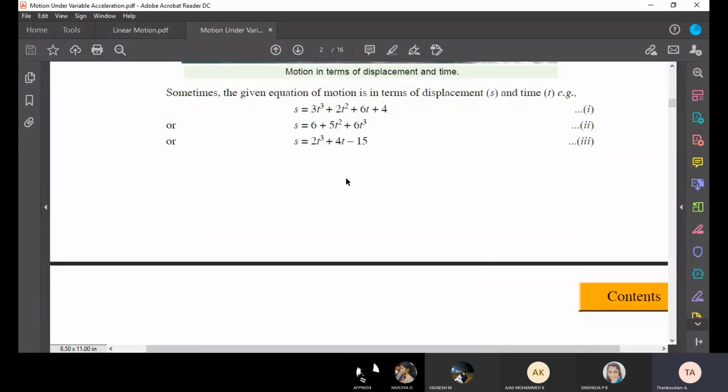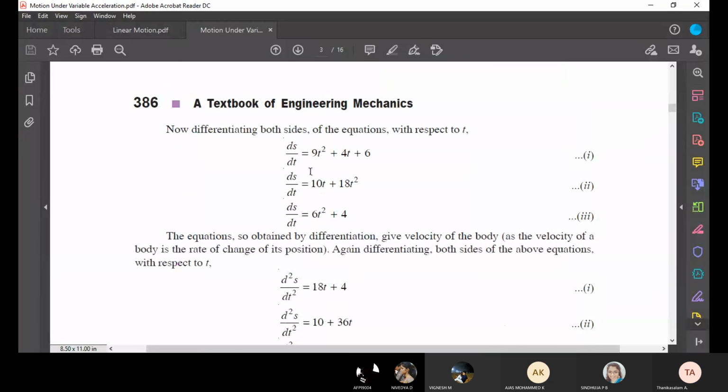Class rep? Vignesh, can you differentiate now this third equation? Therefore, ds by dt equal to 6d squared, 6t squared plus 4. See here.